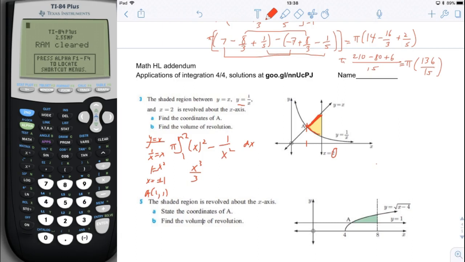So the integral of x to the negative 2 would be x to the negative 1, right? Because negative 2 plus 1, and then I'm going to divide by negative 1 also. Okay, and I already took the integral, so I don't need to write dx here.